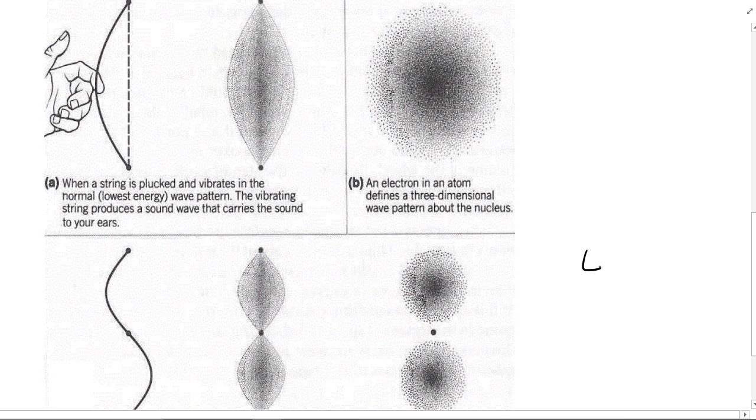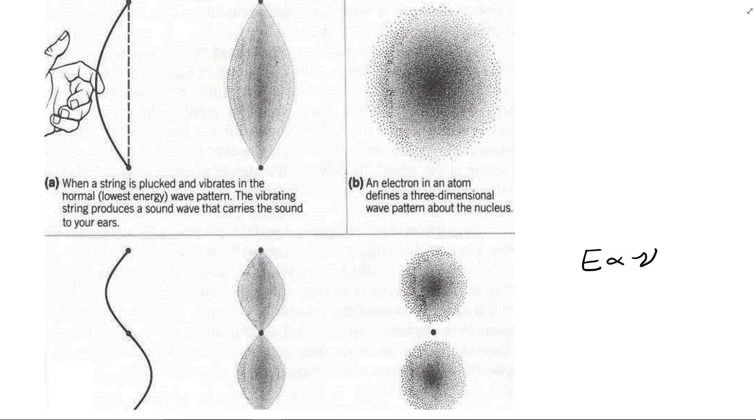Now if you remember, one of the things we discussed the other day is the relationship between energy and frequency. And what is that relationship? It's a direct proportion. Energy is directly proportional to the frequency. Now if we go back and look at these, we can also look at the wavelength. Which one of these has a longer wavelength? The first one. Right, this one here is a longer wavelength.